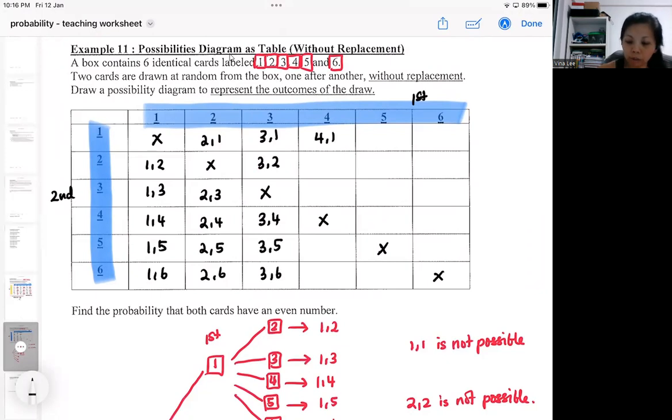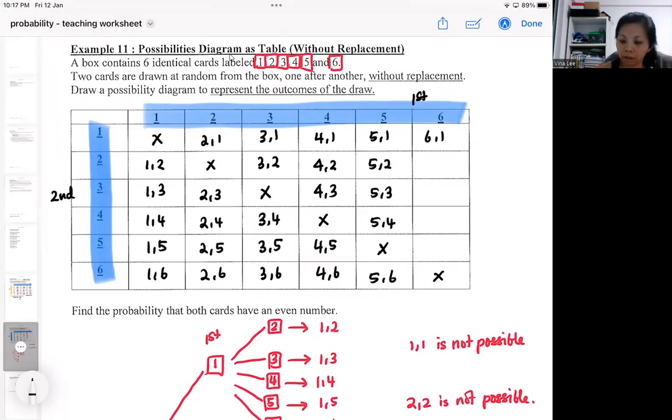But you still will need to write out all the possible outcomes, because eventually they can ask you a variety of questions regarding these outcomes. Sometimes they will just ask you, what is the probability that the 2 cards will add up to an odd number, or the 2 cards will add up to an even number. So you actually have to take a look at the actual outcomes.